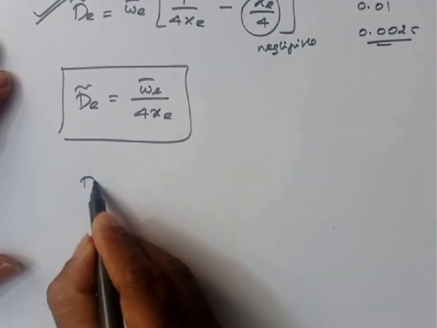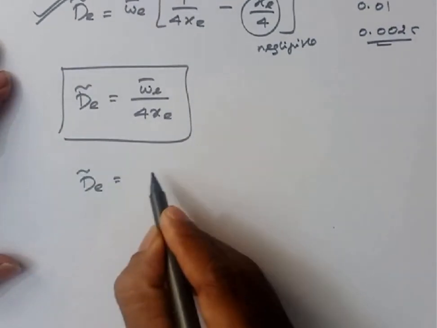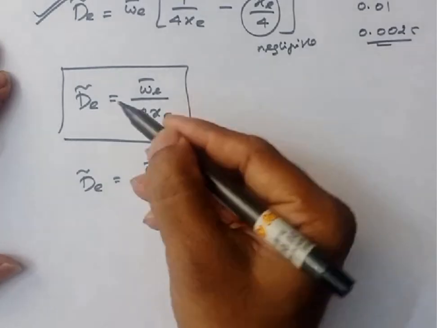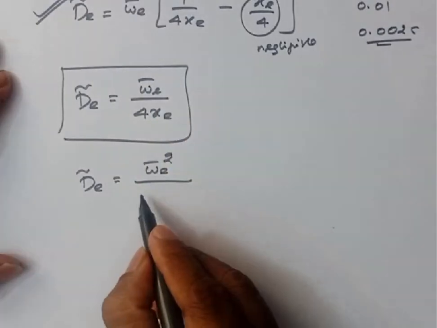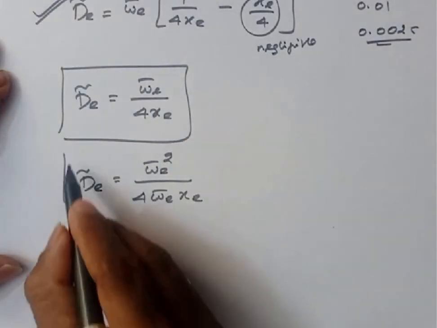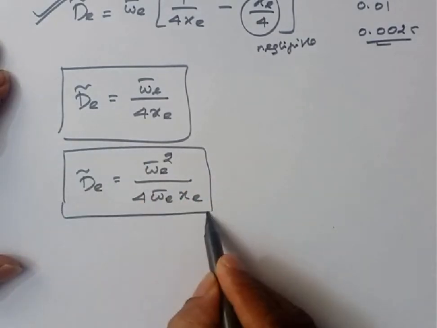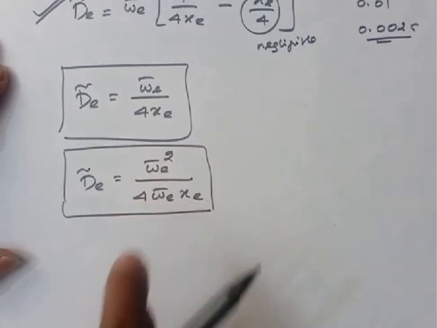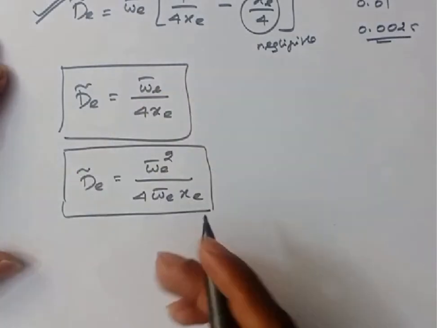And we write this formula like this for convenience. We multiply both numerator and denominator by omega e bar, so you'll get 4 omega e bar xe. I'll tell you why we multiply.